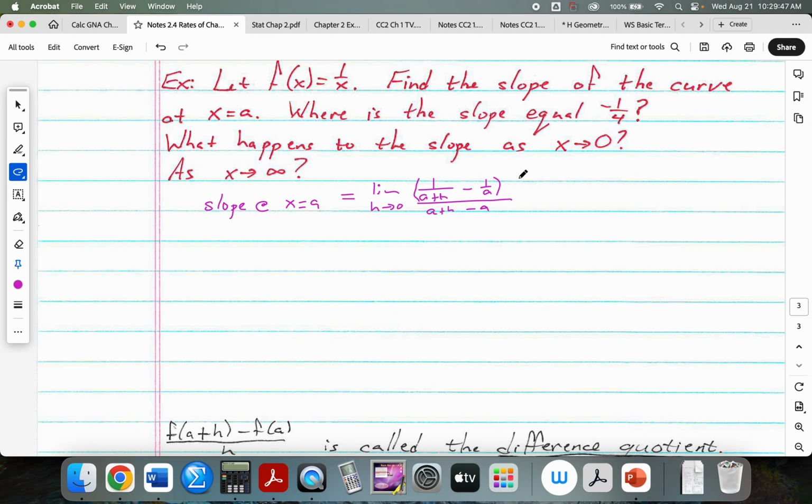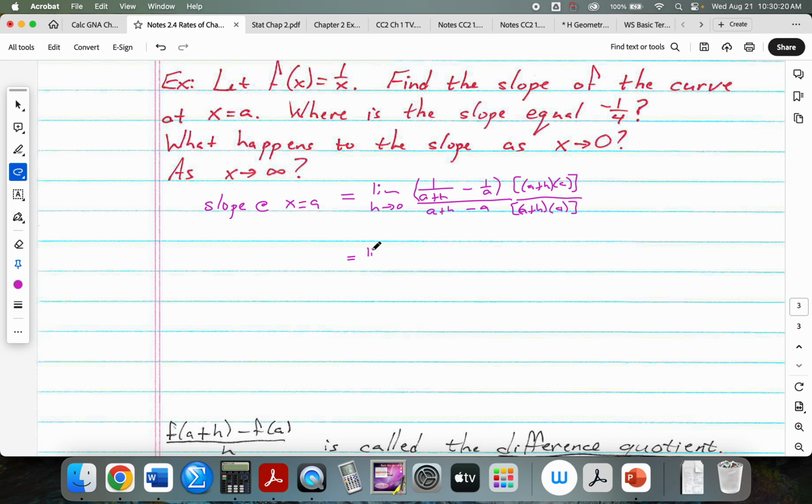We're going to multiply this times a plus h times a. And since we're doing that to the numerator, we also have to do that to the denominator, so that I'm multiplying by something that is equal to 1.